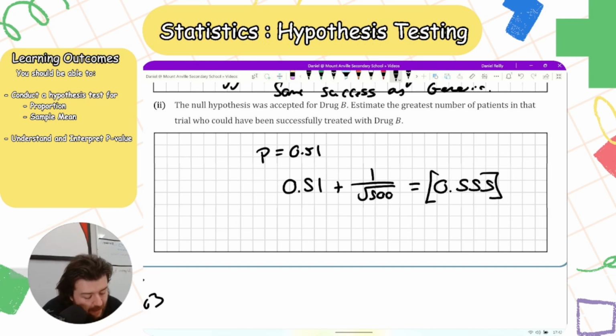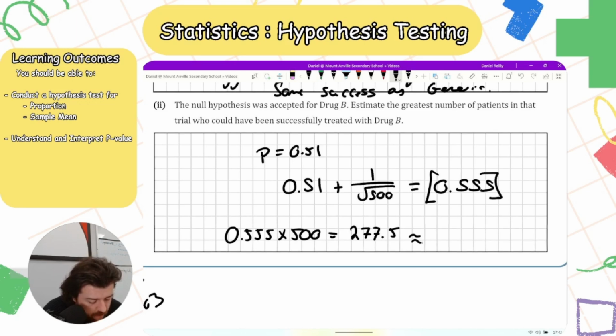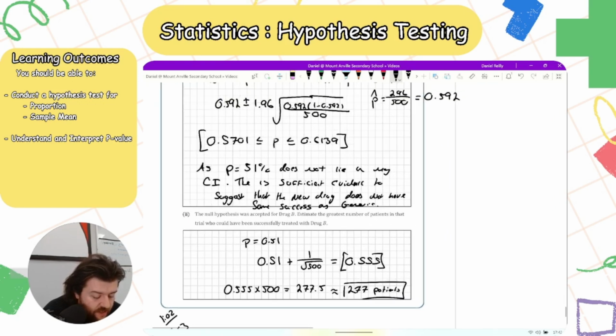So that means 0.555 out of my 500 patients. So how many patients? 0.555 times 500 is equal to 277.5, which is equal to 277 patients. That'll be my largest amount of patients there.